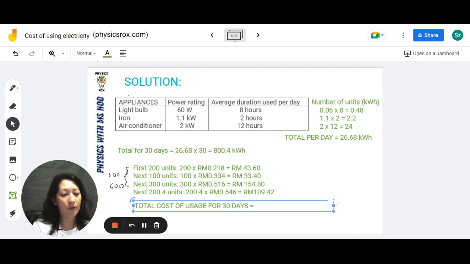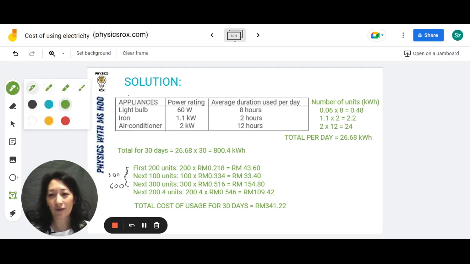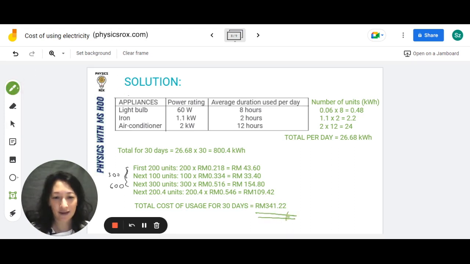So we have 43.6 plus 33.4 plus 154.8 plus 109.42. That gives us RM 341.22. And this is how we solve the question.